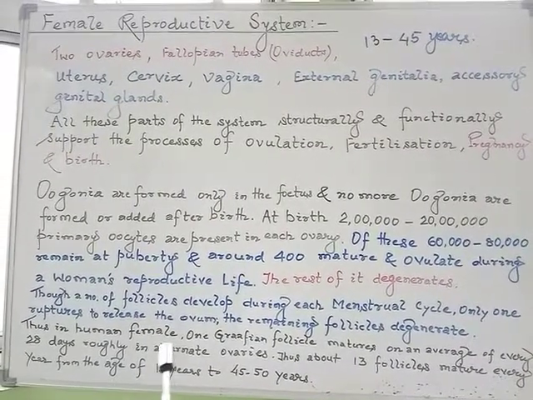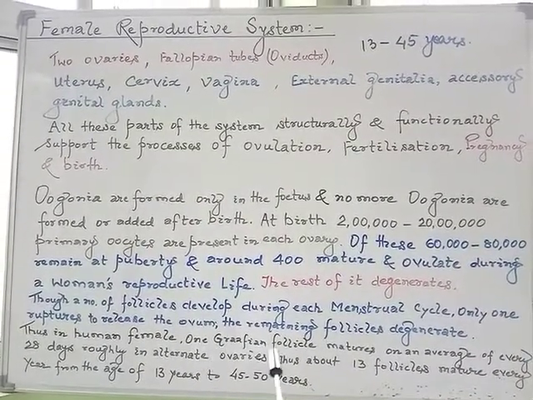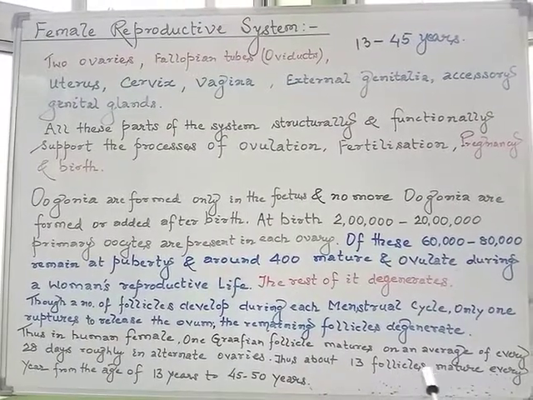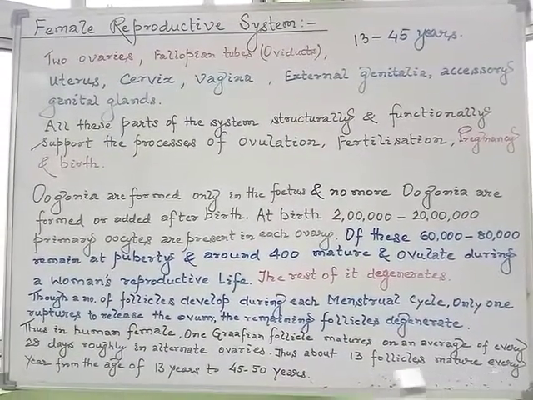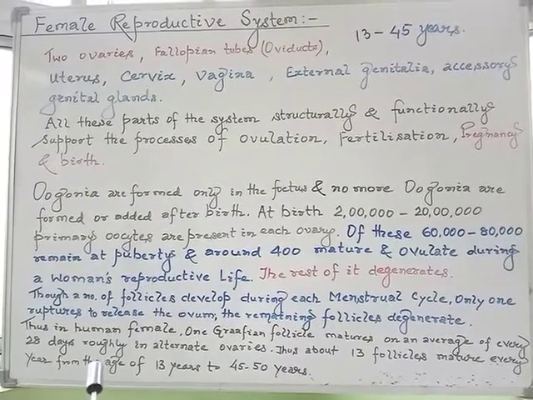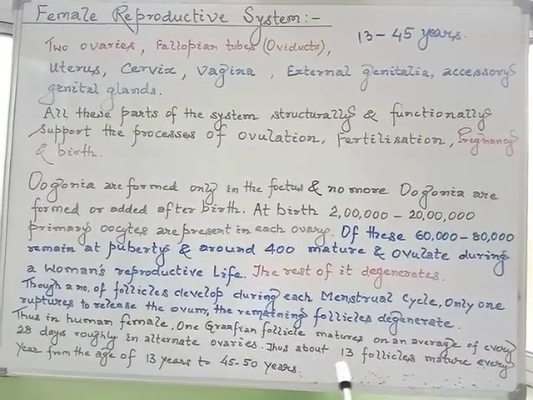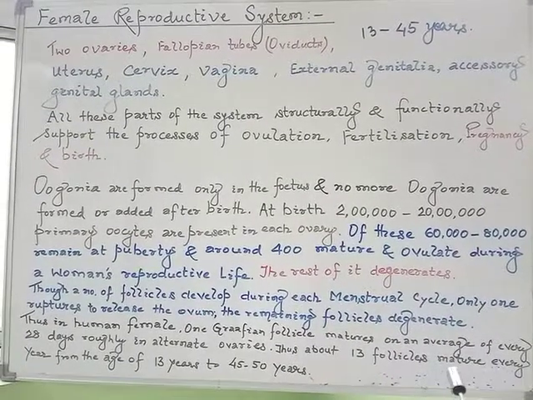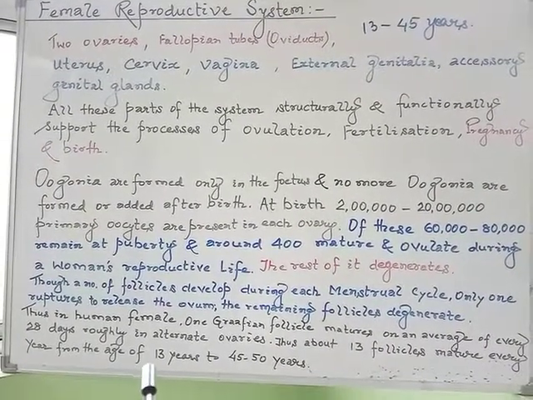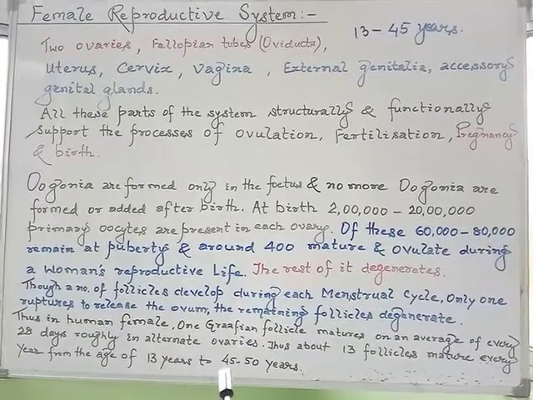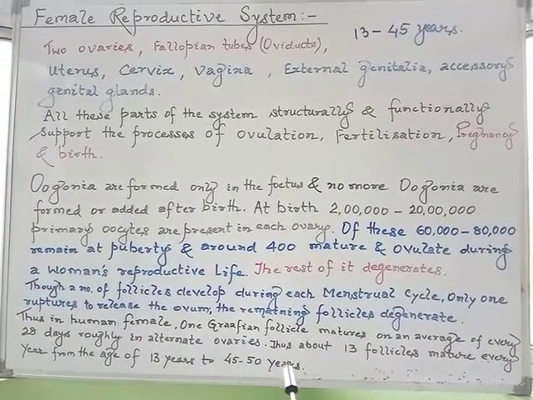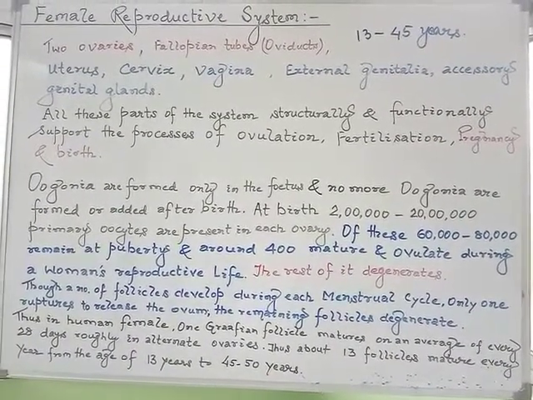Thus, in human female, one Graafian follicle matures on an average of every 28 days, roughly in alternate ovaries. Thus, about 13 follicles mature every year from the age of 13 years to around 45 to 50 years of age.